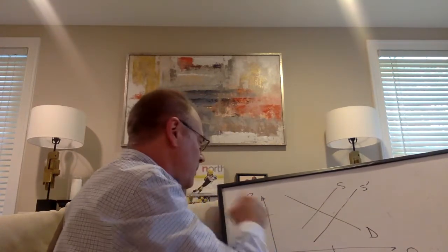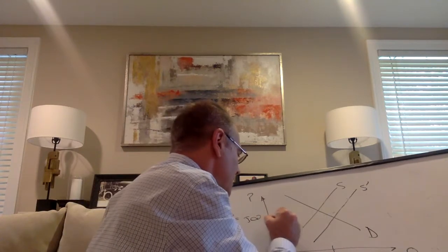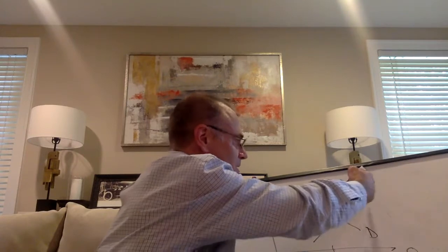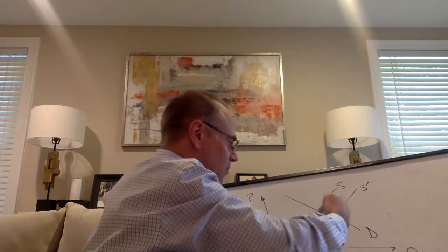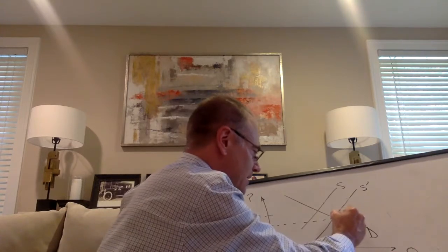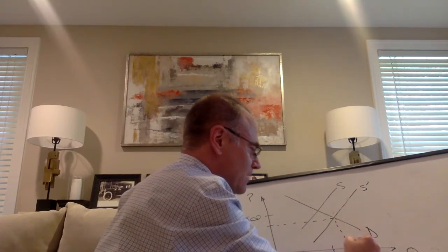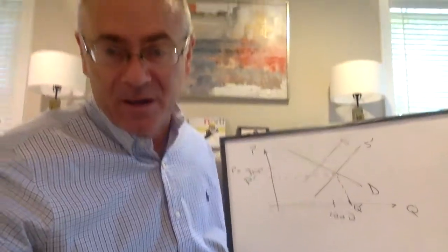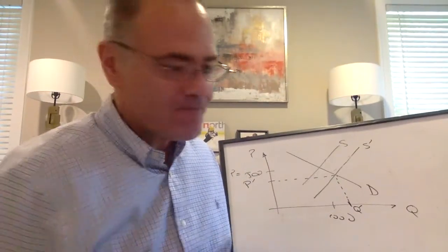So before P was 500, the new P is going to be this new spot where the supply and demand cross. So this is going to be the new market clearing price. And this is going to be the new market clearing quantity.